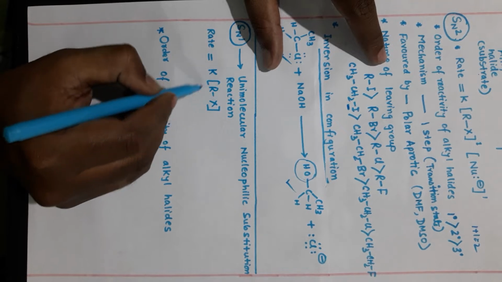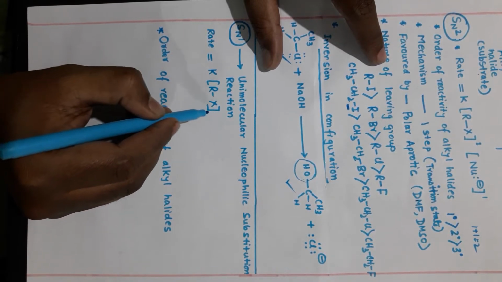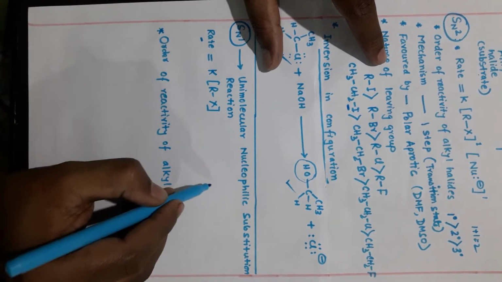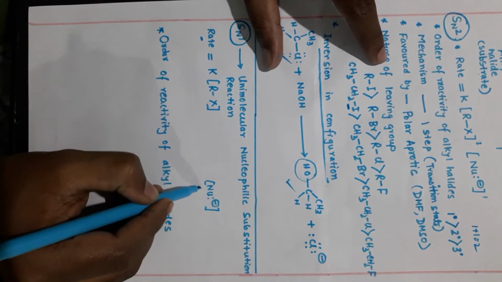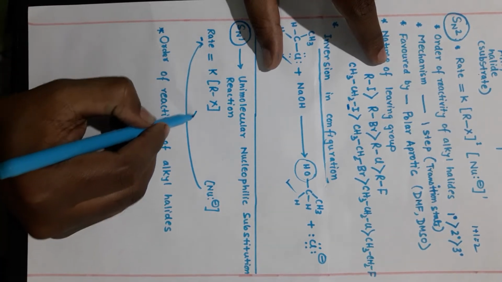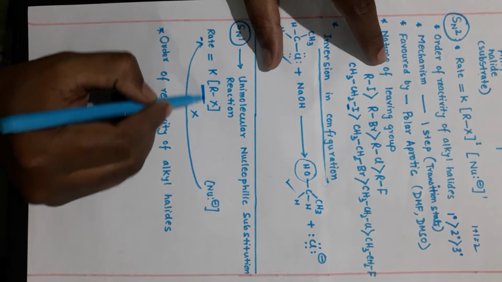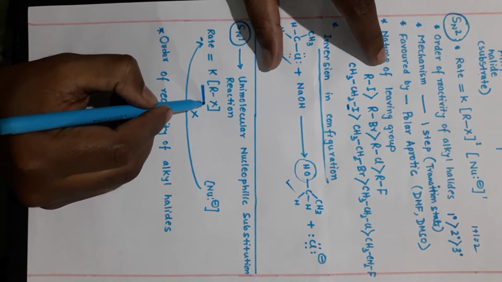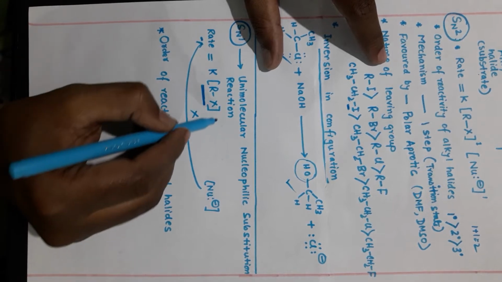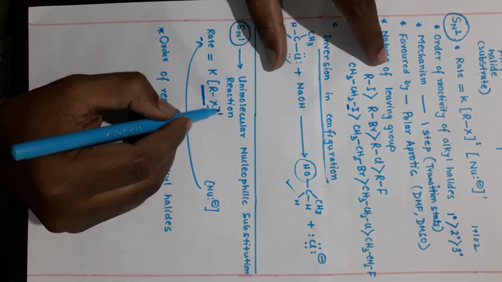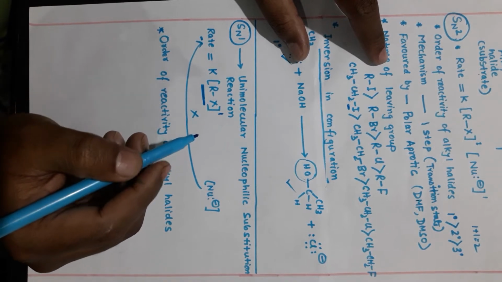If we increase or decrease the concentration of the alkyl halide, the rate is going to change. But if we change the concentration of the nucleophile, the rate is not going to be affected. Only the concentration of the alkyl halide has a role in the rate of the reaction, and it is raised to the power 1. That's why it is called a unimolecular nucleophilic substitution reaction.